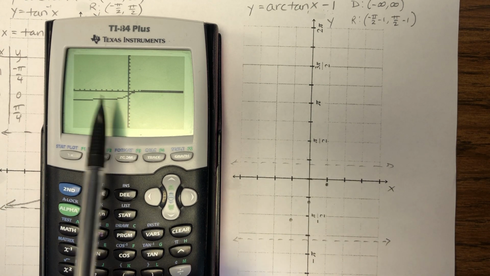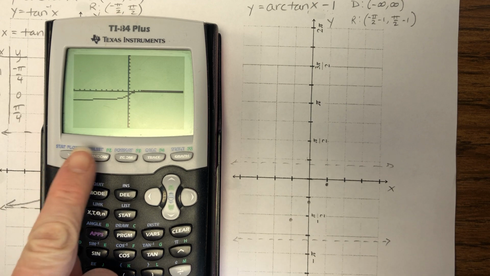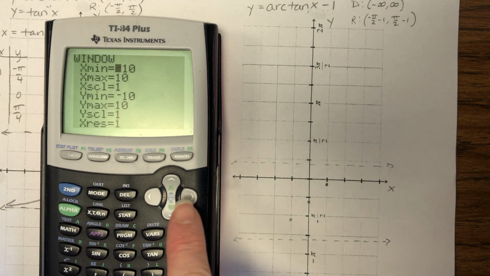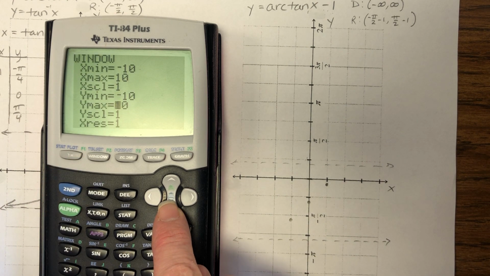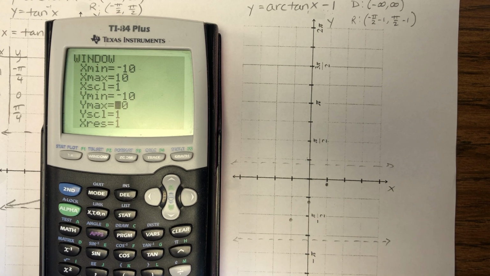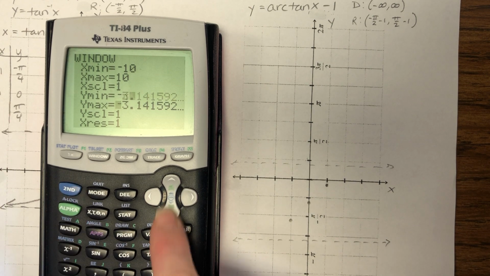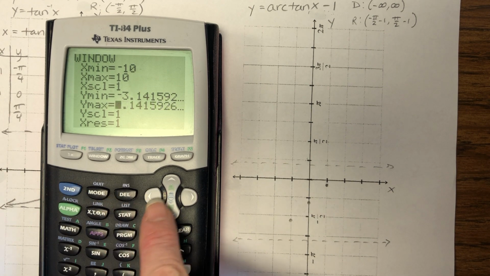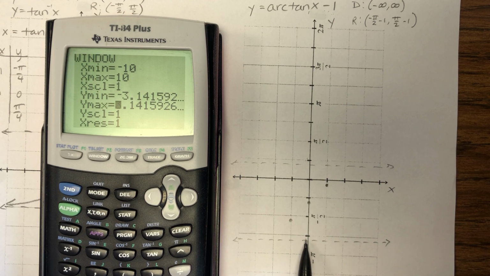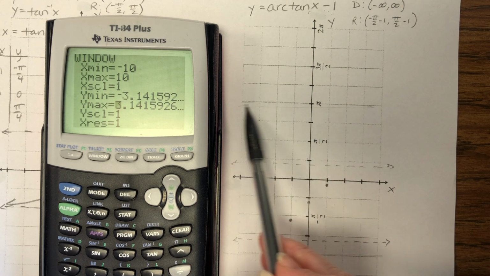Now, so that my graph matches this, I'm going to go under my window. On my y-axis, I'm going to go from negative pi to positive pi. And then that way my window is going to go from here to here.